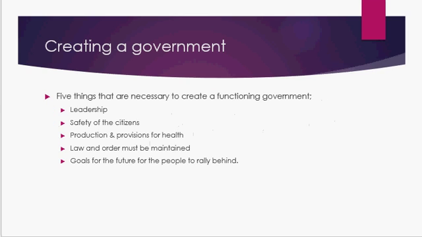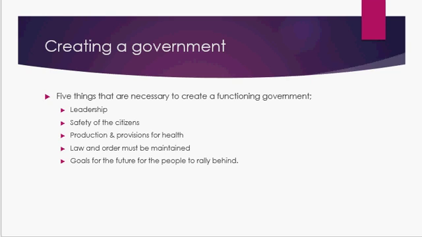Creating a government is part of what you'll be asked about. There are 5 things that are necessary to create a functioning government: leadership, safety of the citizens, production and provisions for health, and that's going to include things like producing a way of creating clothes. It's going to include production of food, and provisions include food as well.